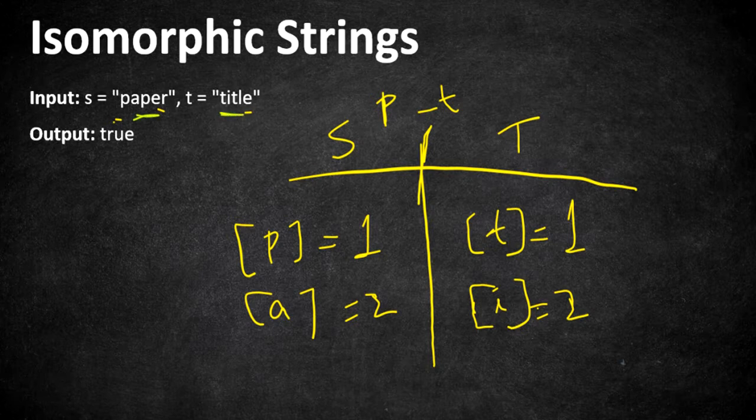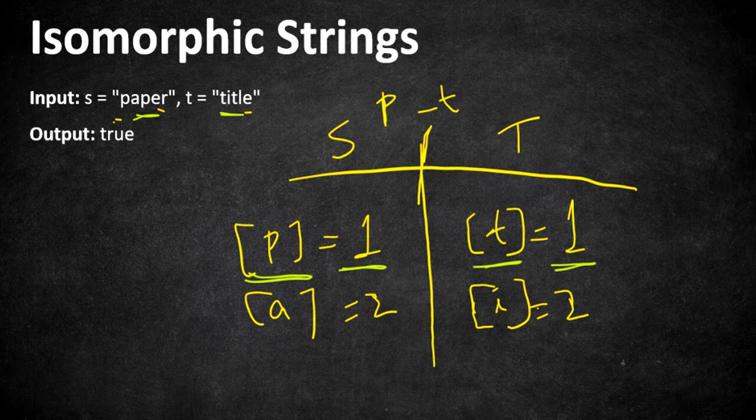These characters are already available in our map, so we check the previous indexes of P and T. P's previous index is 1 and T's previous index is also 1, which means they both occurred at the same index in the previous step. So it has mapped correctly so far. There can be a change in the index in the future, but till now the indexes match.